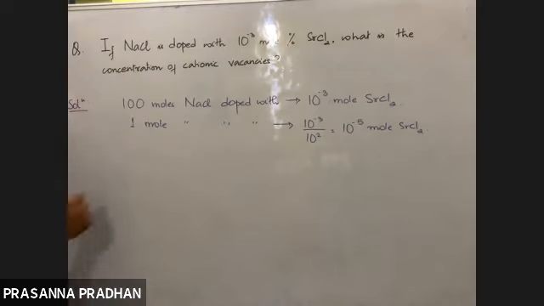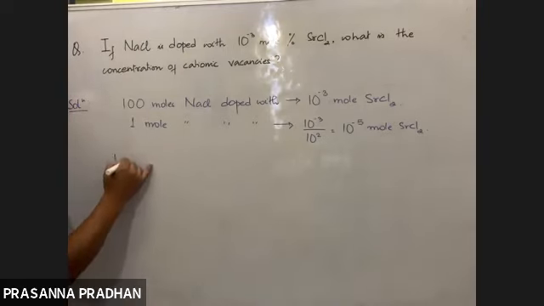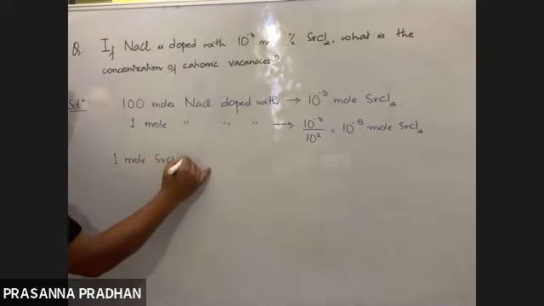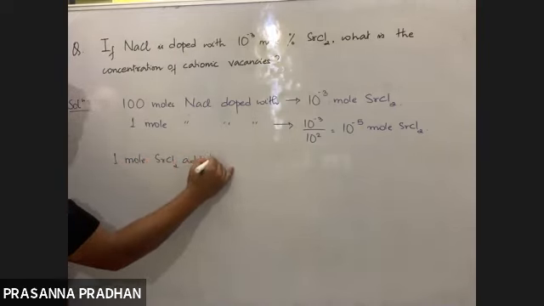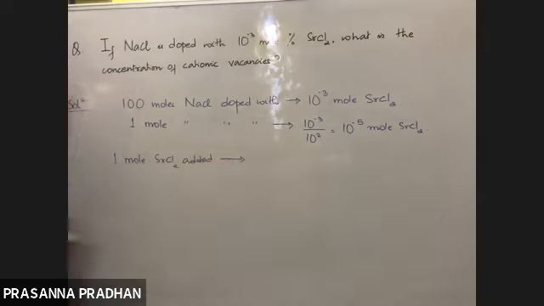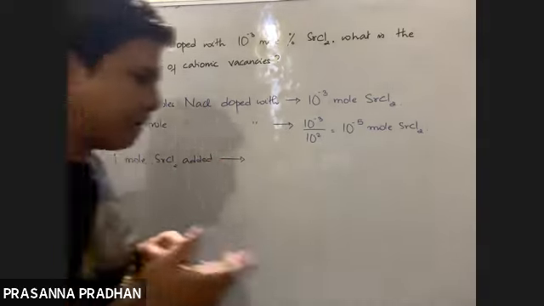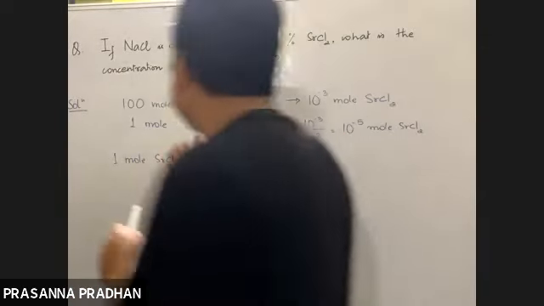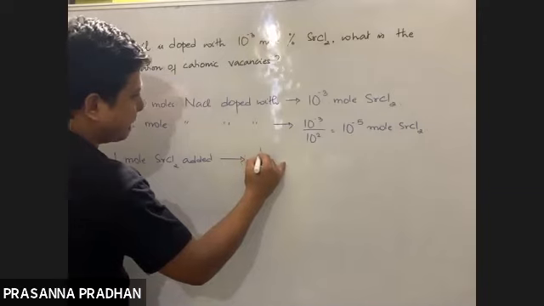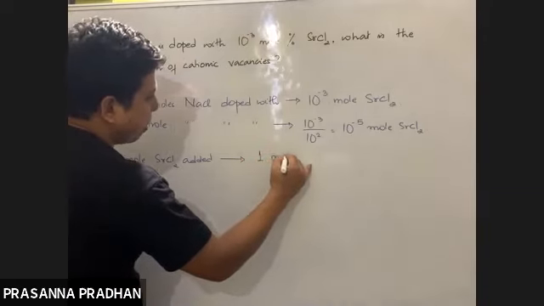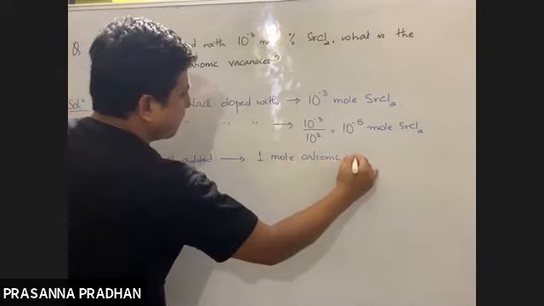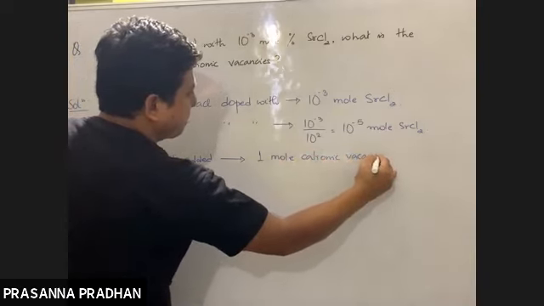Now 1 mole अगर तुम strontium chloride add करोगे, will create how many cationic vacancies? अभी तो तुम लोग ने आंसर दिया था, एक strontium add करने से एक cationic vacancy. So 1 mole strontium chloride add करने से how many cationic vacancies? 1 mole cationic vacancy. बराबर.